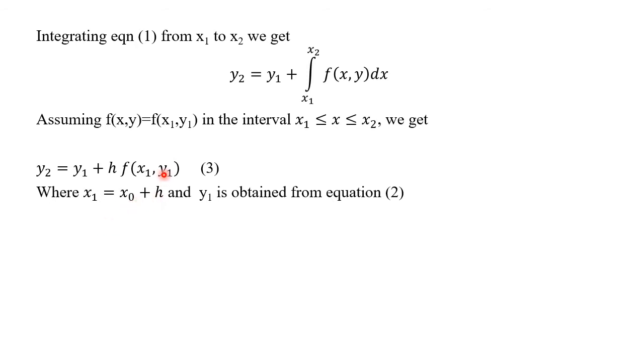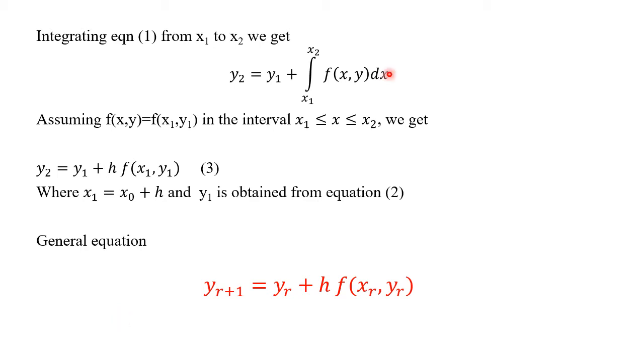And how do you calculate x1? That is very simple. Since we know x0 and h, you can calculate x1 as x0 plus h. And how is y1 obtained? y1 is obtained in the last step, that means from equation 2, that is y1 is equal to y0 plus h into f of x0 y0. Okay, so this way you can calculate y2. Generally you can calculate y r plus 1 as y r plus h into f of x r y r.